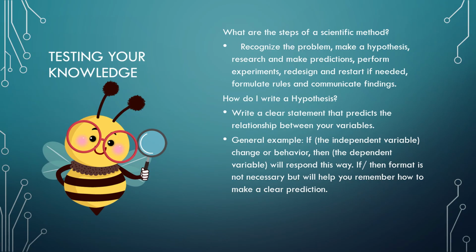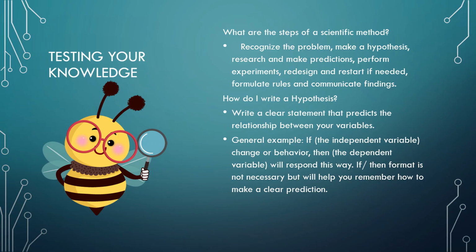How do I write a hypothesis? Generally speaking, when you're writing a hypothesis, it's basically a statement saying that if this is correct, then this is correct. If the independent variable changes one way or another, then the dependent variable is going to respond this way.